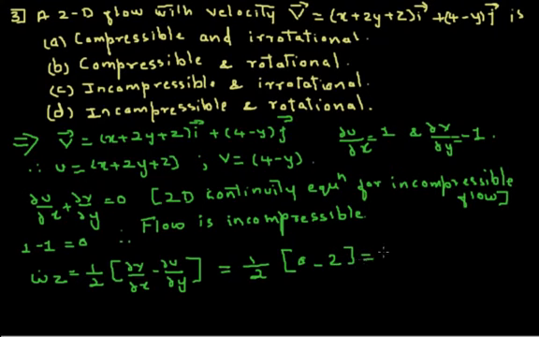So we are getting minus 1. Therefore the value of rotation about z axis is not equal to 0 and therefore the flow is rotational.